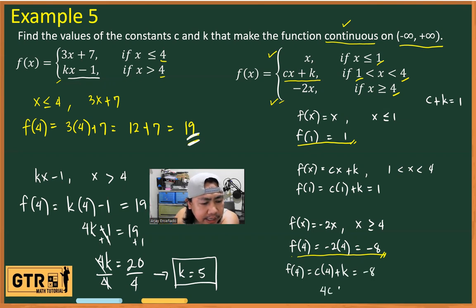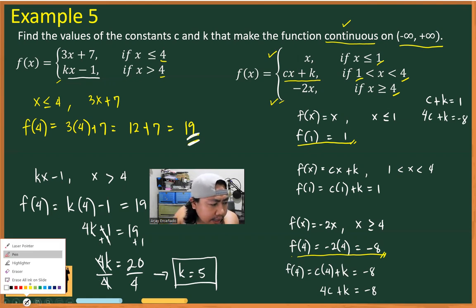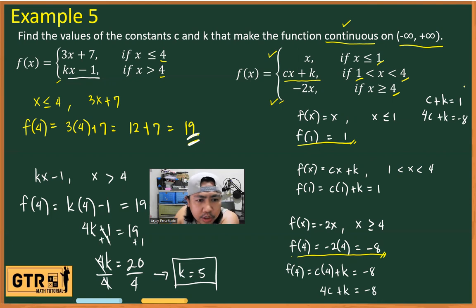So we have 4c plus k equals negative 8. So tapat, ayusin natin dito. So we have 4c plus k equals negative 8. So these are our equations 1 and 2. So isa-solve natin ang c and k. So equation number 1, equation number 2. So solve for c and k.